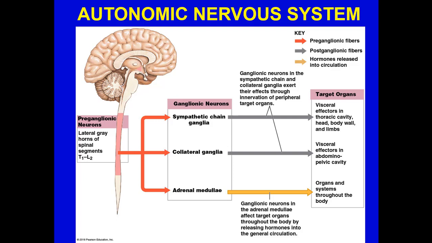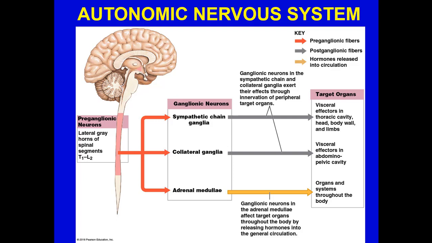First, you could have this attached to the sympathetic chain ganglia, which is really a chain of ganglia that is outside of the actual spinal cord itself. These neurons will travel from that chain ganglion, and their postganglionic axons will eventually connect up with visceral effectors of the thoracic cavity, head, body wall, limbs.